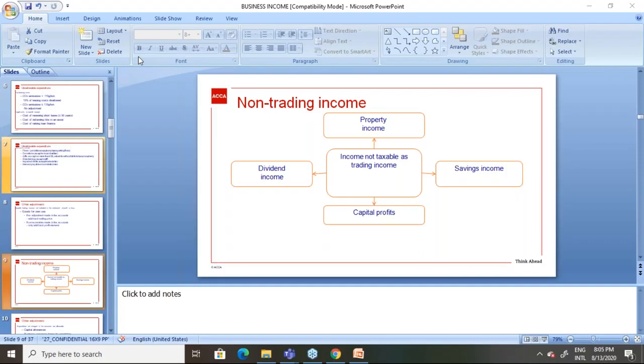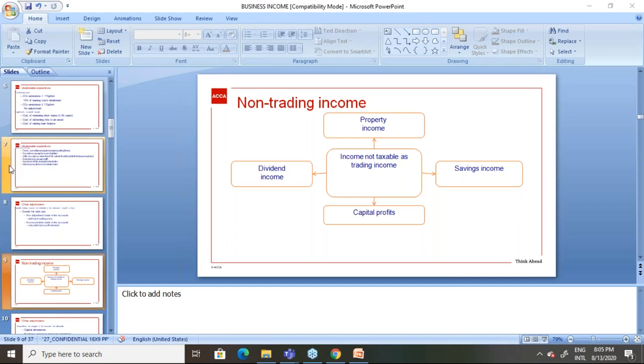We take all those income when you're calculating the accounting profit. But for the purpose of taxation, when you are calculating the tax adjusted trading profit, you have to ignore any non-trading income.